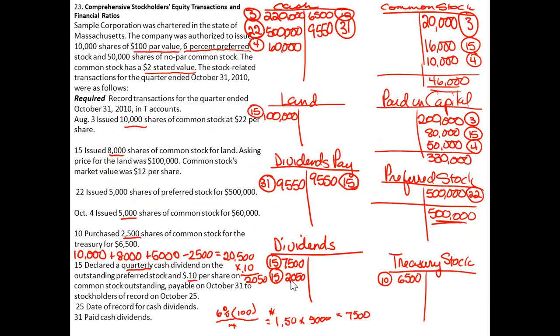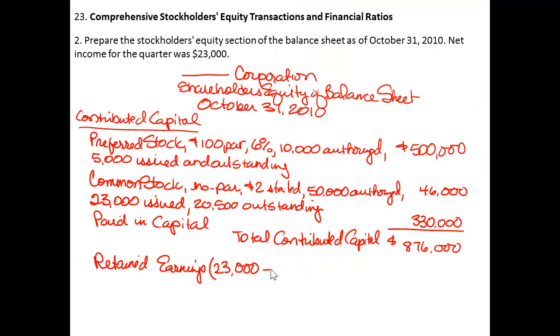And the cash dividends, remember, were $9,550. So remember, dividends are paid out of profits or retained earnings. So that's going to reduce my ending retained earnings to $13,450.